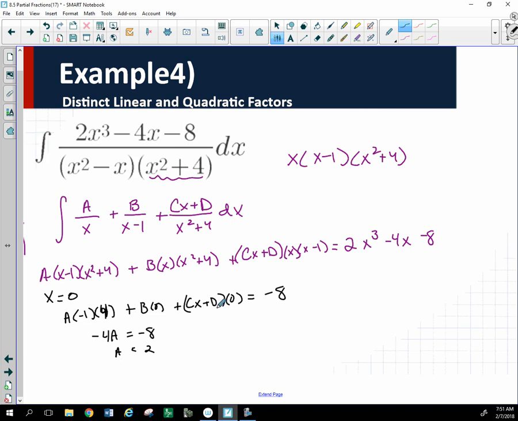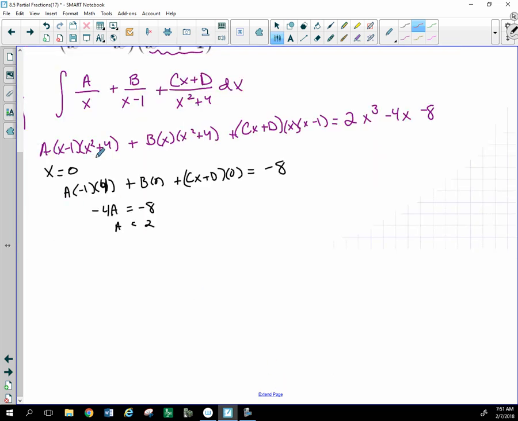Now I have to pick another value, and I don't know a best value for this one. Since I've got these x minus 1s in here, I'm going to pick 1 and hope to zero out some things. Putting 1 into the a part becomes a times 0. Putting 1 into the b part gives me b times 1 plus 4.